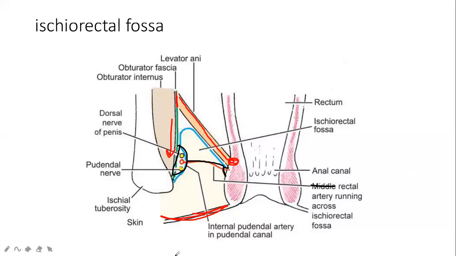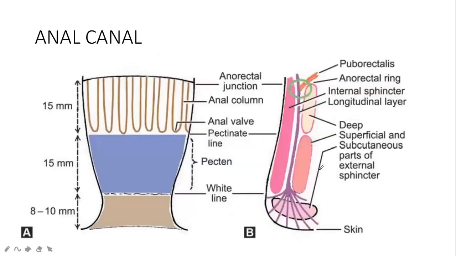So this is for the ischiorectal fossa. Anything they can ask is how you can palpate the ischiorectal fossa, the movement of infection from one side to the other side, and the position where we find the pudendal canal.